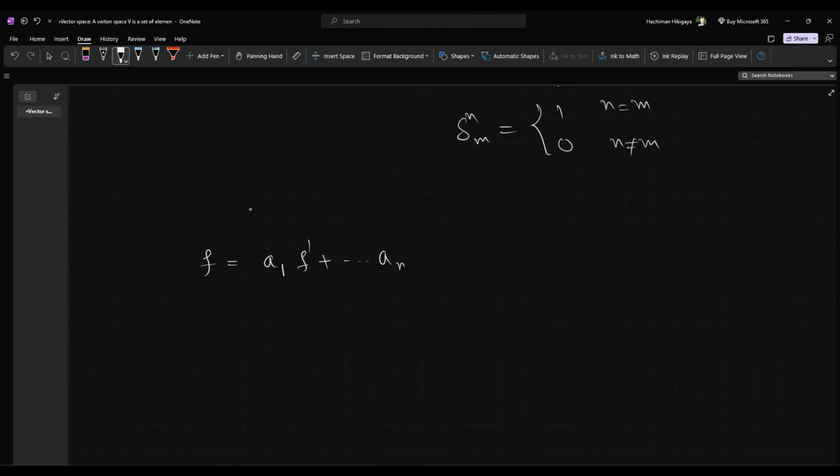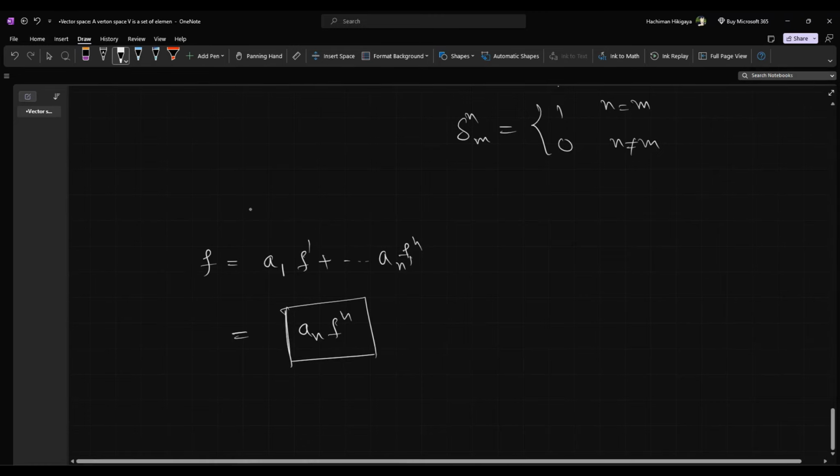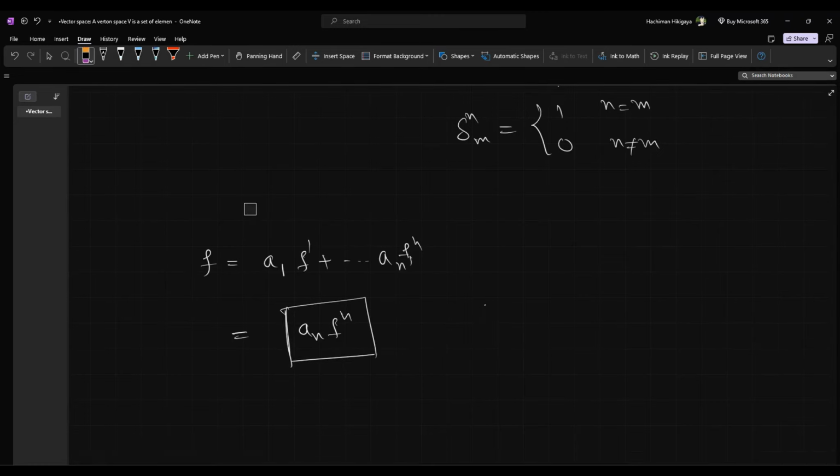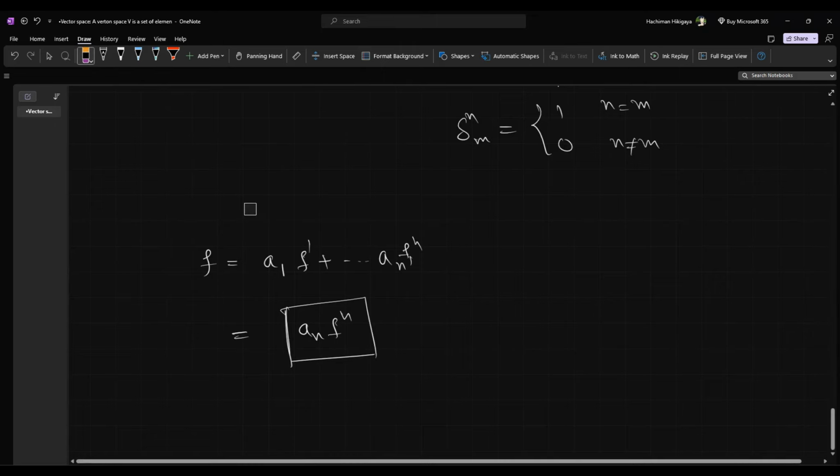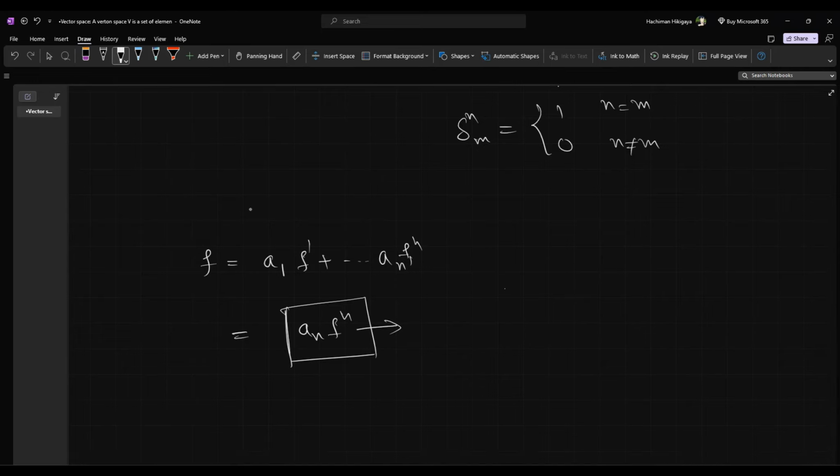Using the Einstein summation convention, we can write it as an fn. Here the coefficients are written in lower indices, and the bases are written in upper indices. So it's the opposite of the vector space notation. An element of a vector space is called a vector, and an element of a dual vector space is known as a covector.